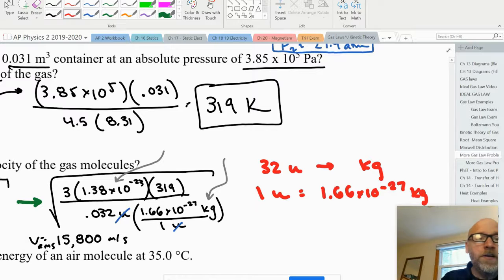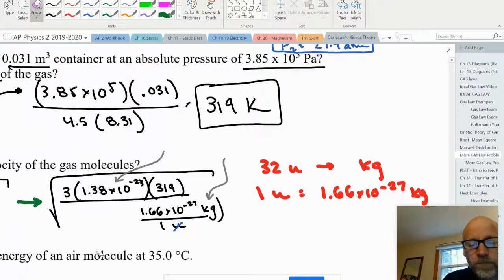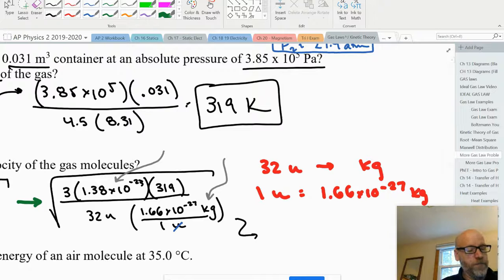Therefore, this number right here is just 32. And then when you plug it in, you end up with, I believe, now I need closure.